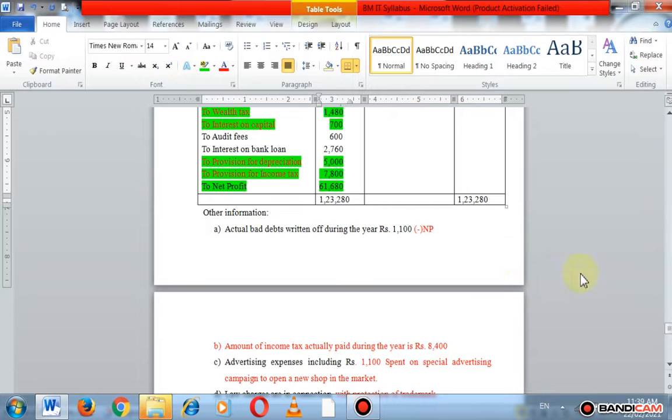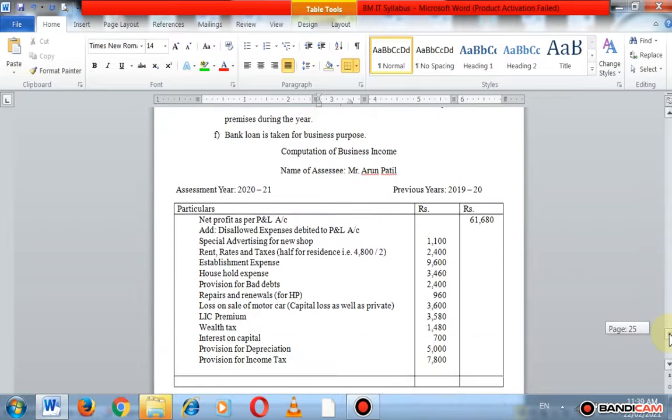Then we make a total and add this total in net profit.